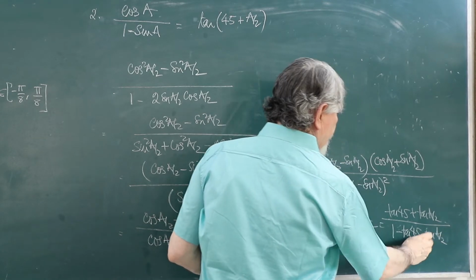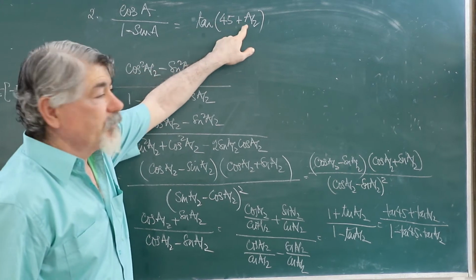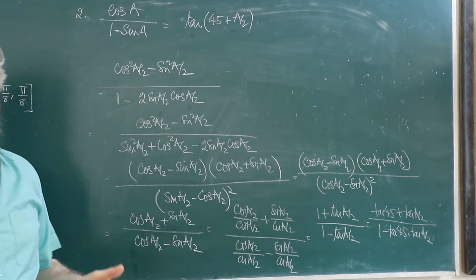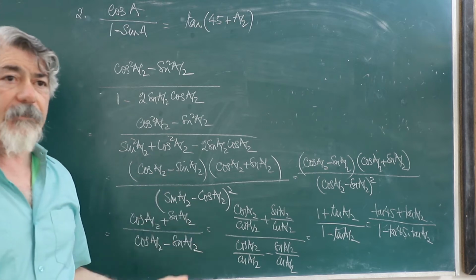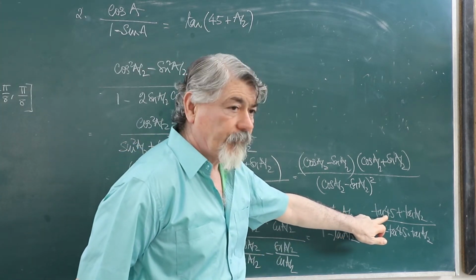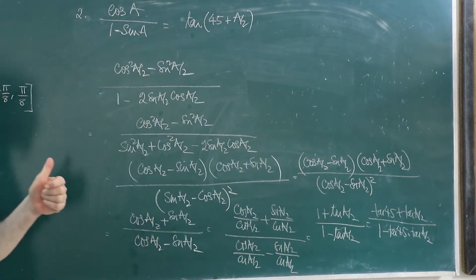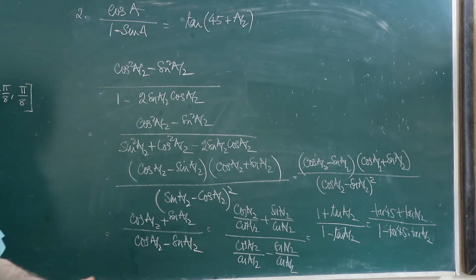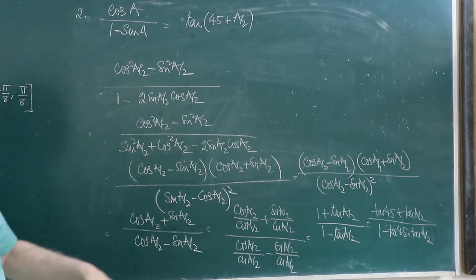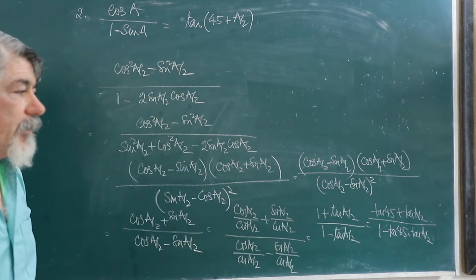Why have I written tan 45 here? Because I want the tan(A plus B) form. tan(A plus B) is tan A plus tan B upon 1 minus tan A tan B. In place of 1 I have written tan 45, and the value of tan 45 is 1, so it doesn't make any difference.